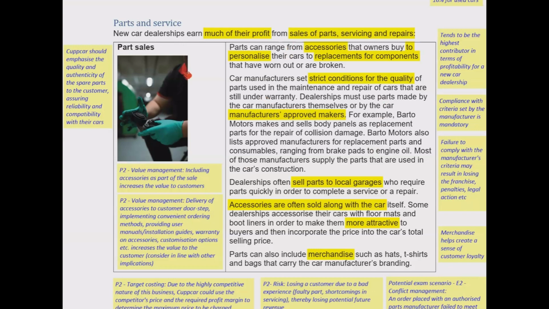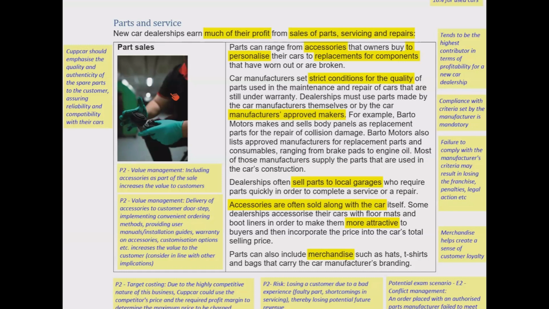So each dealership within the Cuppcar family, not only do they want to be really good to make sure that Cuppcar as a business has a high quality in terms of its servicing and the services it offers, but in a way, all of the individual Cuppcar dealerships within Welland, within traveling distance for the customer, are in competition too.